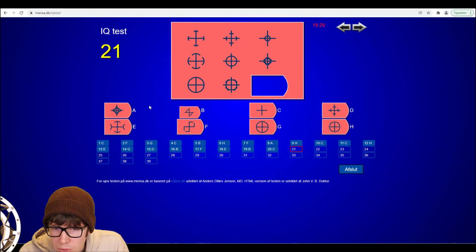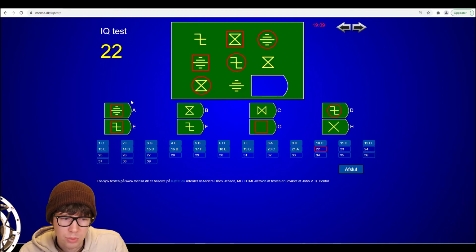I think what's gonna happen is that, well, it's definitely not E, not F, not B, not C, not G, not H, not D. Yeah, so A here actually for me seems the correct answer. So different rule moving to the right and different rule moving downwards. So over here, I think A would be the correct answer.